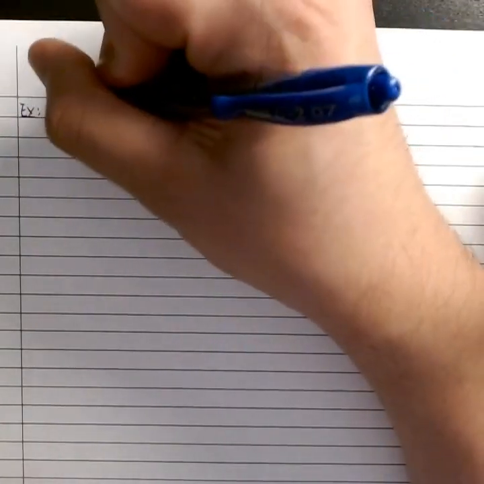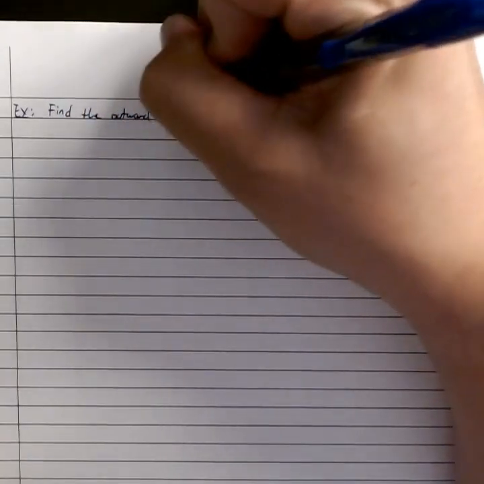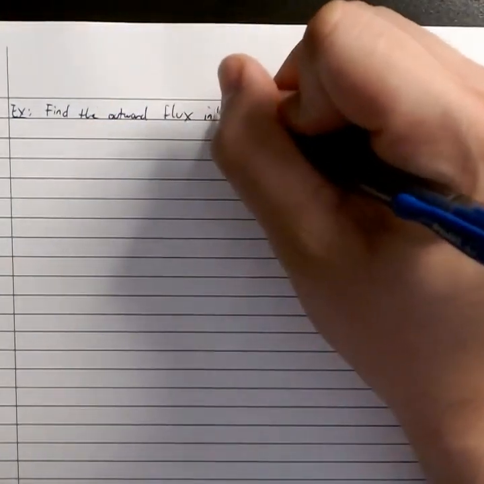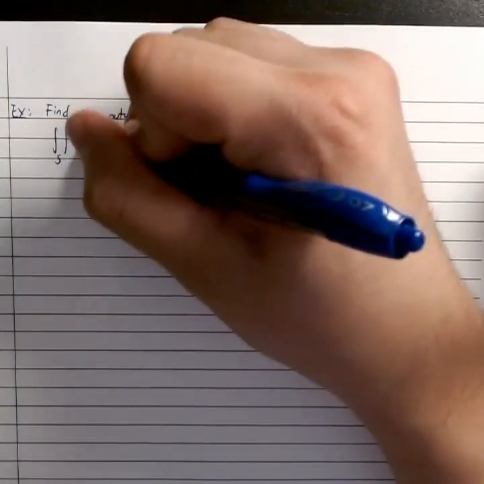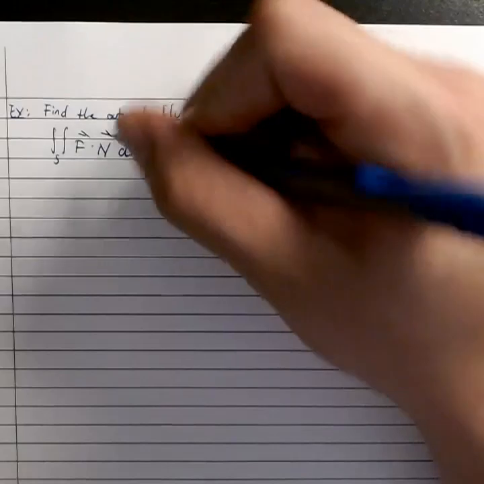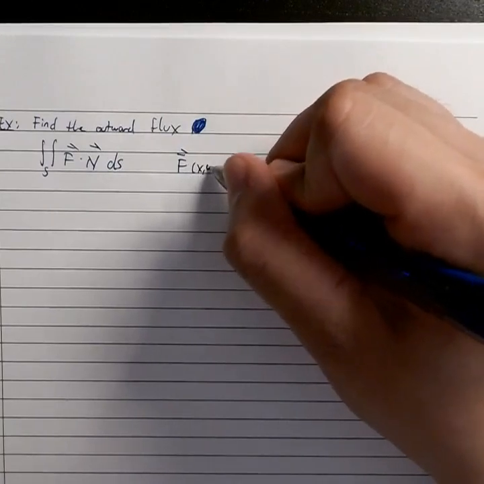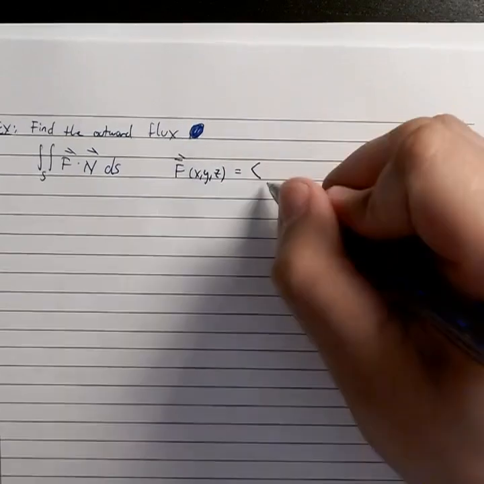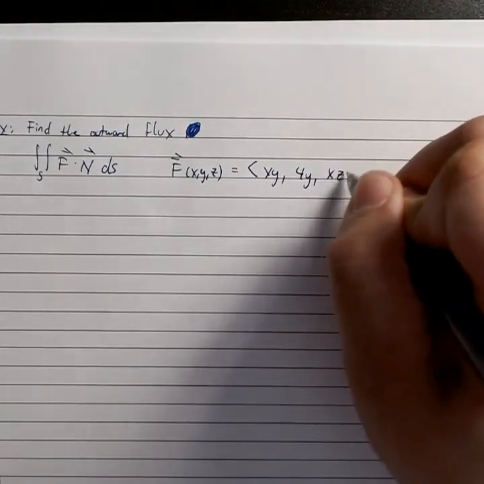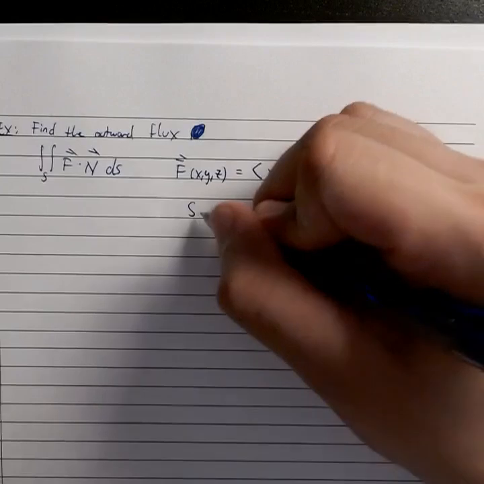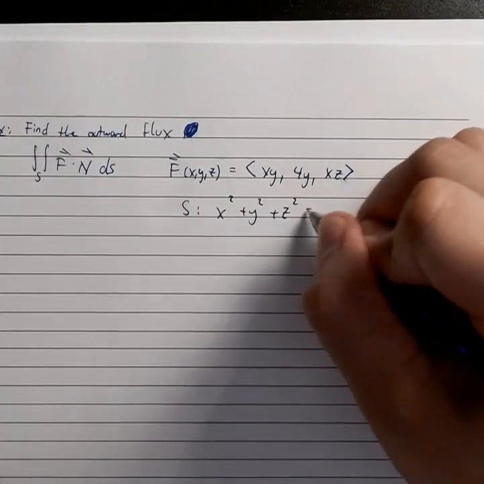Find the outward flux. Integral over S of F dot N dS, where F is the vector field given by the vector xy, comma 4y, comma xz, and the surface S is x squared plus y squared plus z squared equals 16.